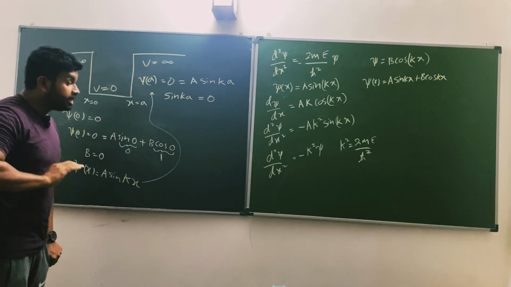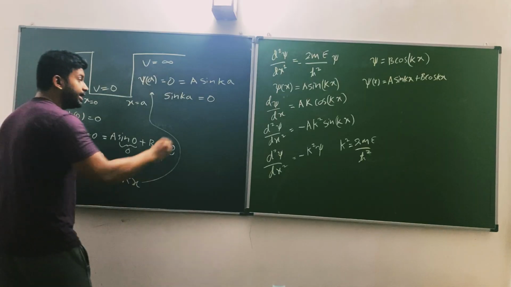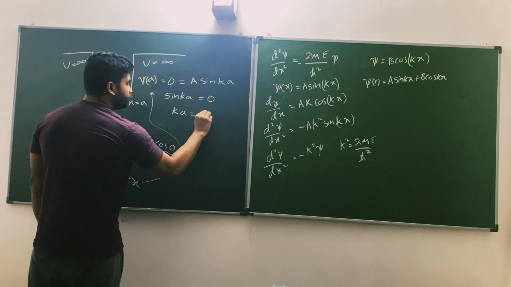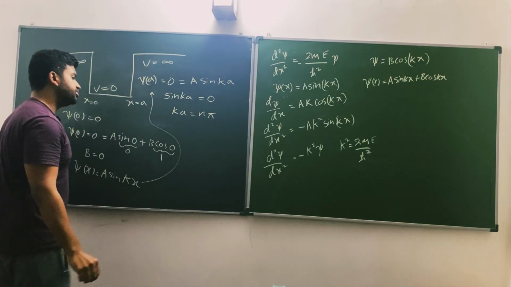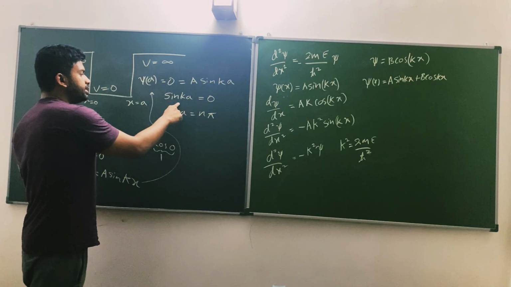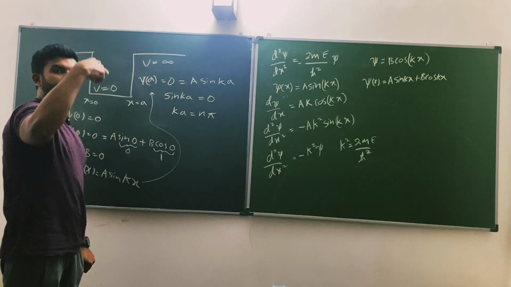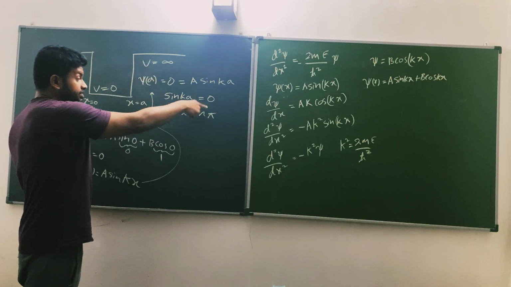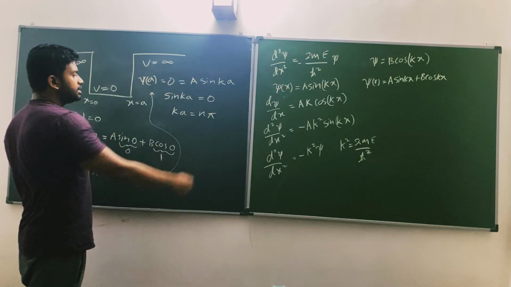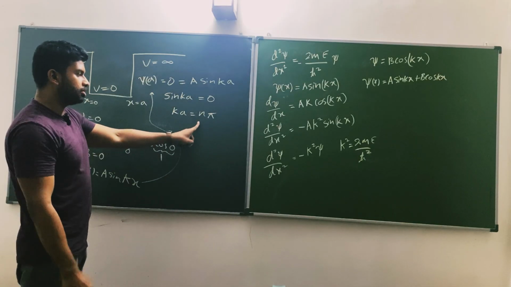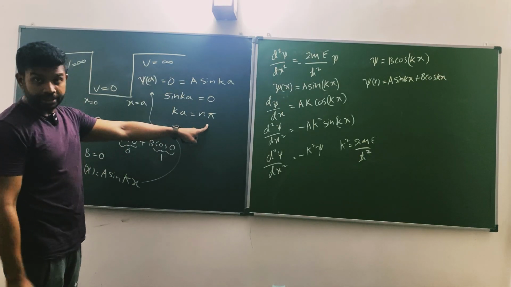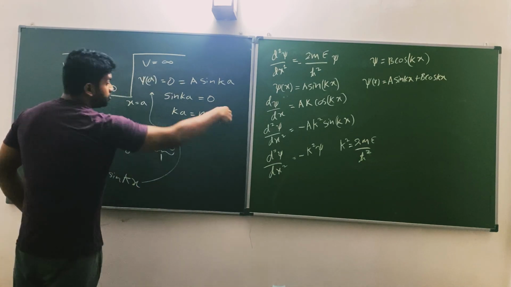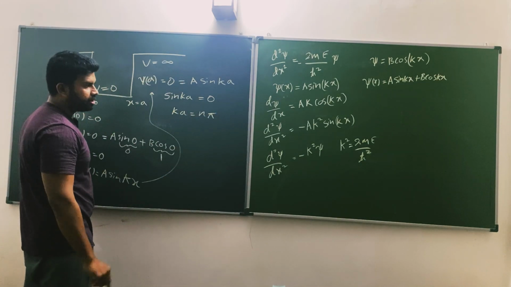Guys, it's pretty sure now that ka should be a product of pi. Then only, because we already know that the sine value will be 0 only when the angle is equal to a whole number multiple of pi, right? So now, guys, ka is equal to n pi.